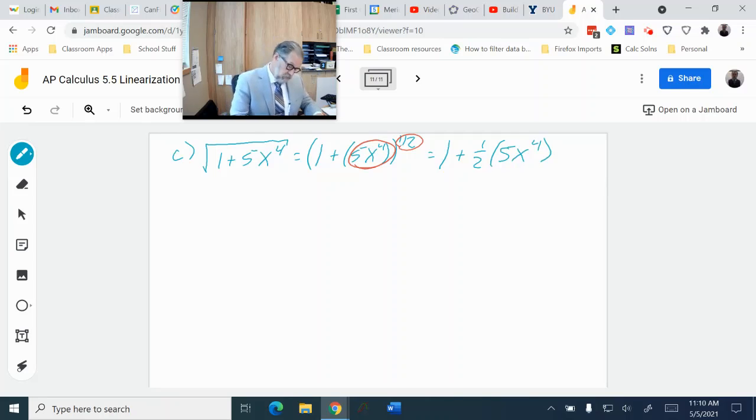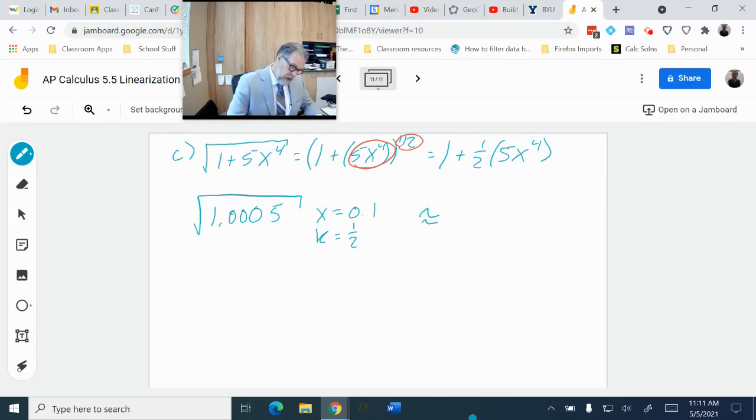So let's find the square root of 1.0005. Well, this is x equal to 0.1. K, again, is equal to 1/2.